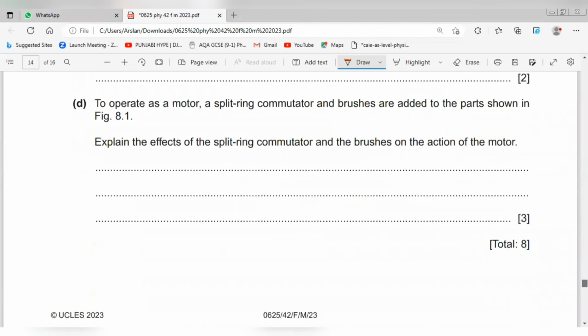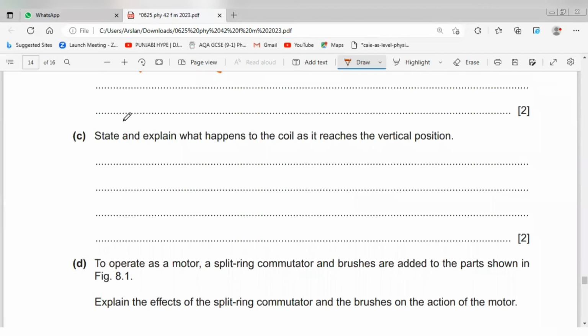So you will write the answer: it will vibrate and you can write stop. So you will get 1 mark, 1 mark, there are 2 marks.